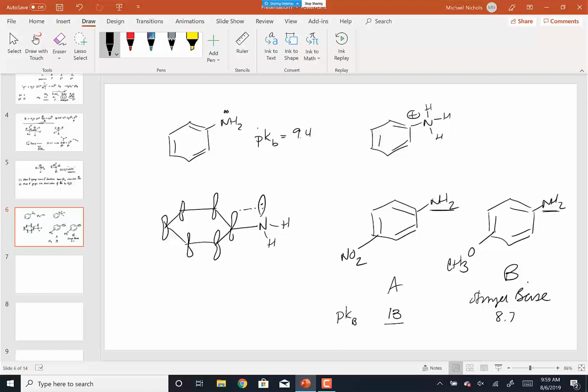That's too many inverse relationships for me. That's why I'm giving you the pKb of the amine, because that's what we're measuring, the ability of that nitrogen to pick up a proton from the solvent. So 13, weak, 8.7, stronger.